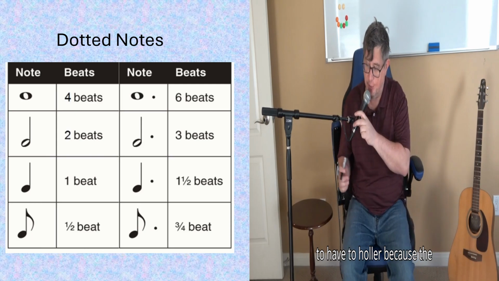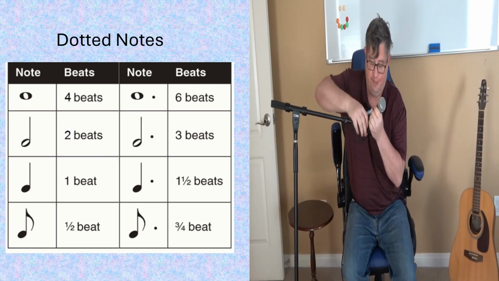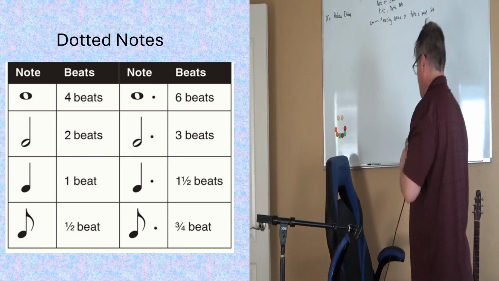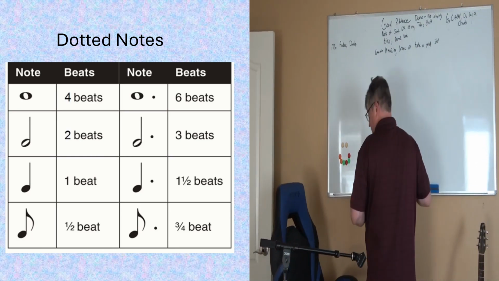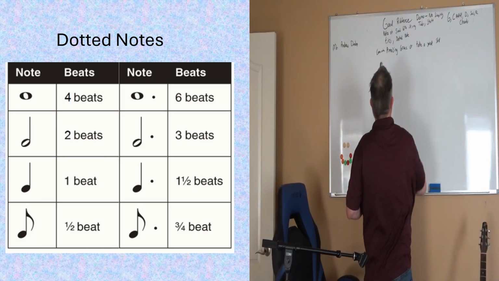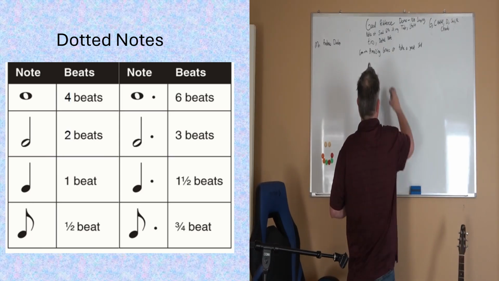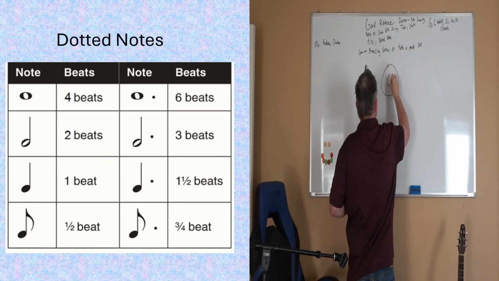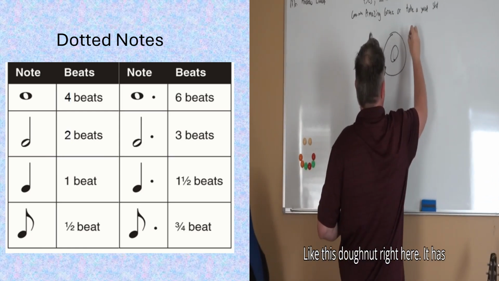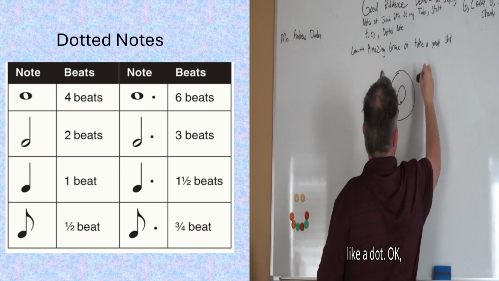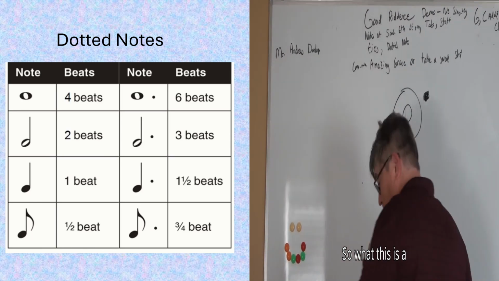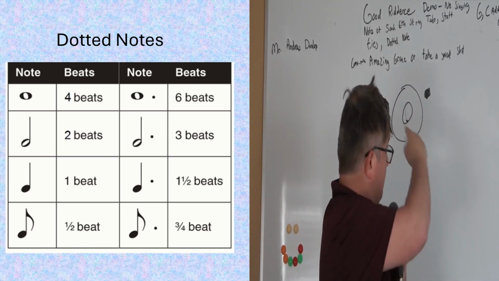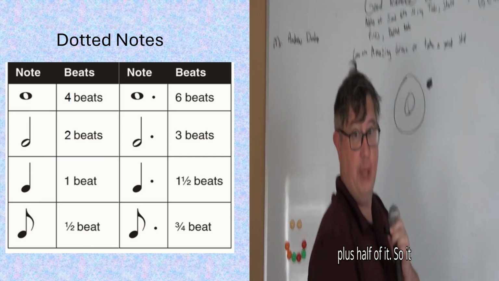I'm going to have to holler because the microphone's over here. So then we have this donut right here, and it has a dot. What this is, a dot takes the beat plus half of it.